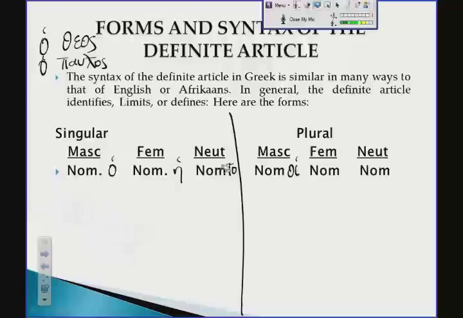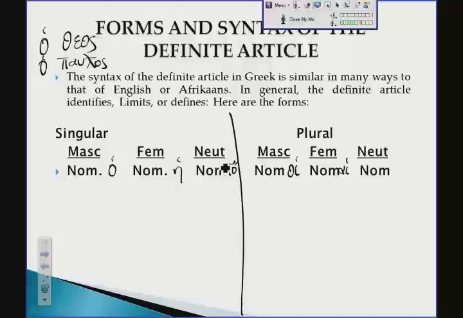And then in the feminine, we will have he adelphe, he adelphe. There you have an accent, sorry.